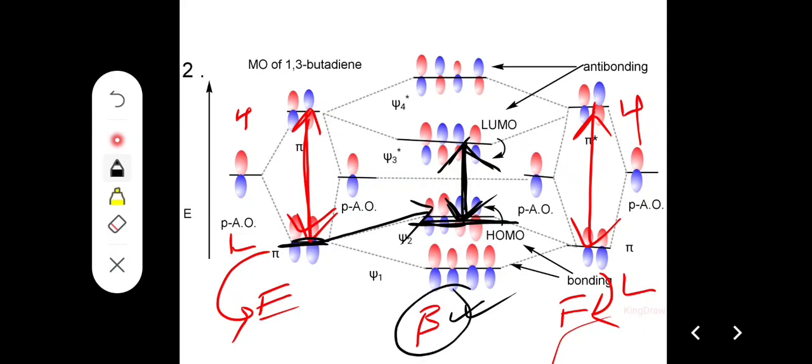And this is the LUMO of ethylene and this is the LUMO of butadiene, so the energy decreases for the LUMO of butadiene. So due to the increase in energy of the HOMO of butadiene and the decrease in energy of its LUMO, the overall energy gap between HOMO and LUMO decreases. So the HOMO-LUMO gap decreases. Okay, this is the phenomenon.